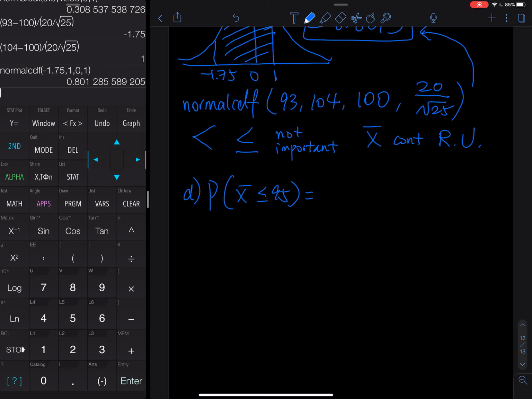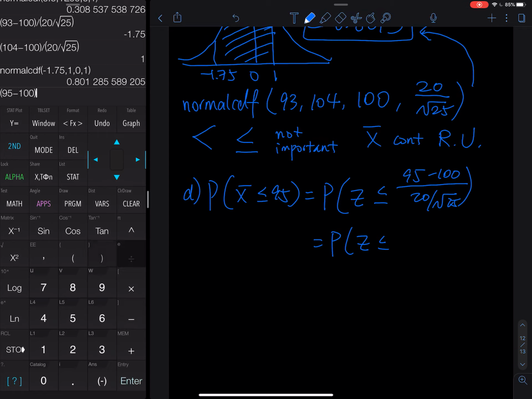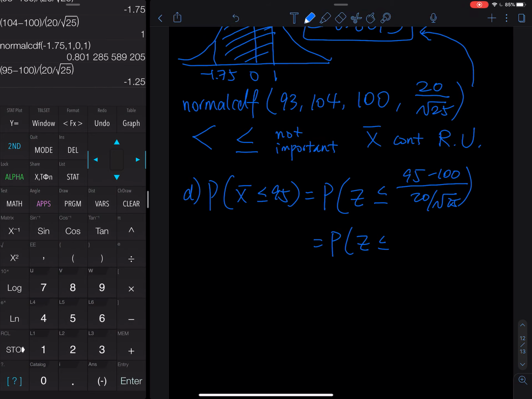And then you standardize that. So we have 95 minus 100 divided by 20 over the square root of 25, negative 1.25.